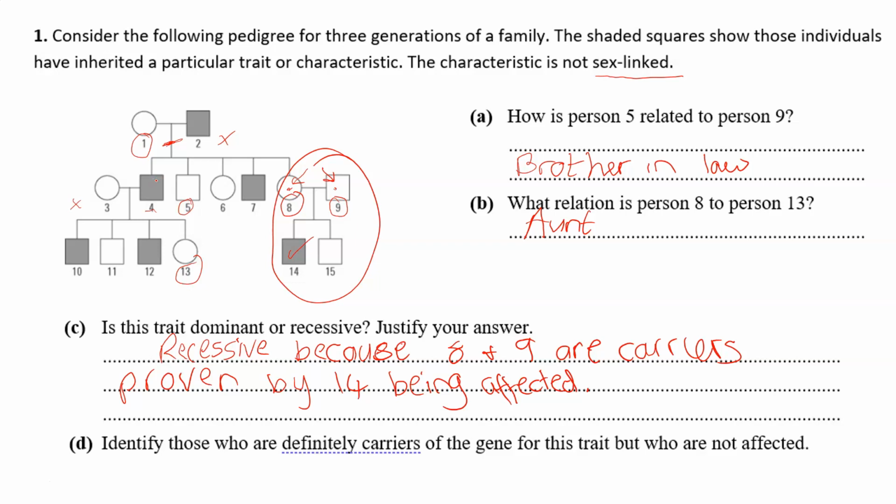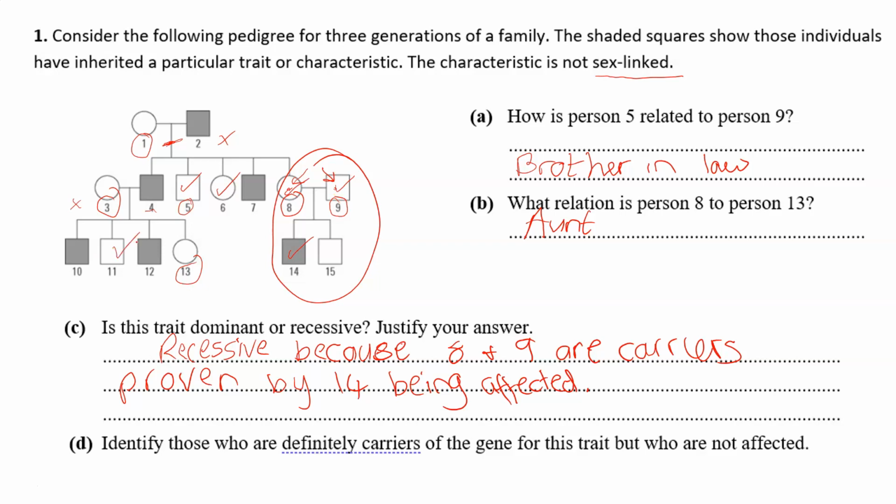So to have offspring that have got it, they have to be carriers. Again, number 3 is a carrier because to have the offspring, they must be carriers. Number 5, because both parents are recessive, has got to have it. Number 6, same reason. Number 8, we know is a carrier. Number 9, we know is a carrier.